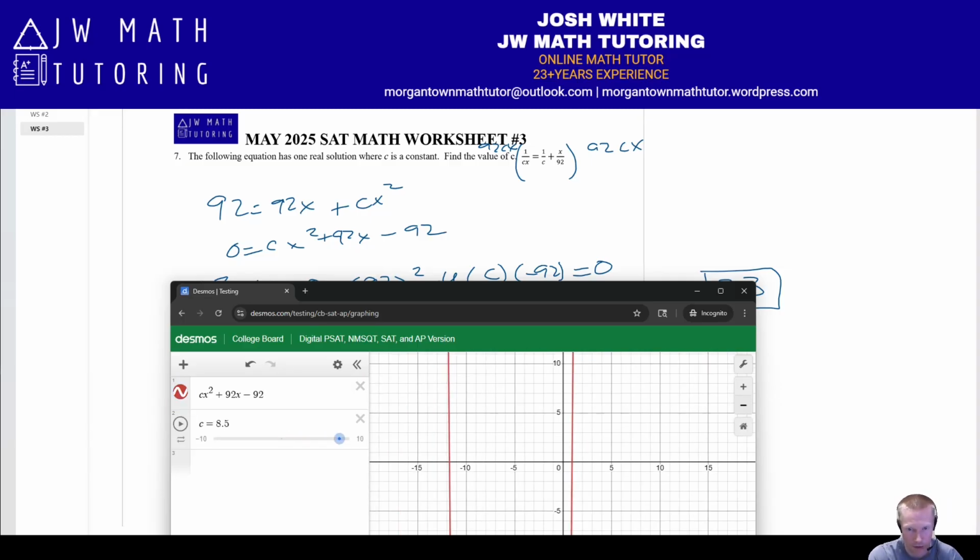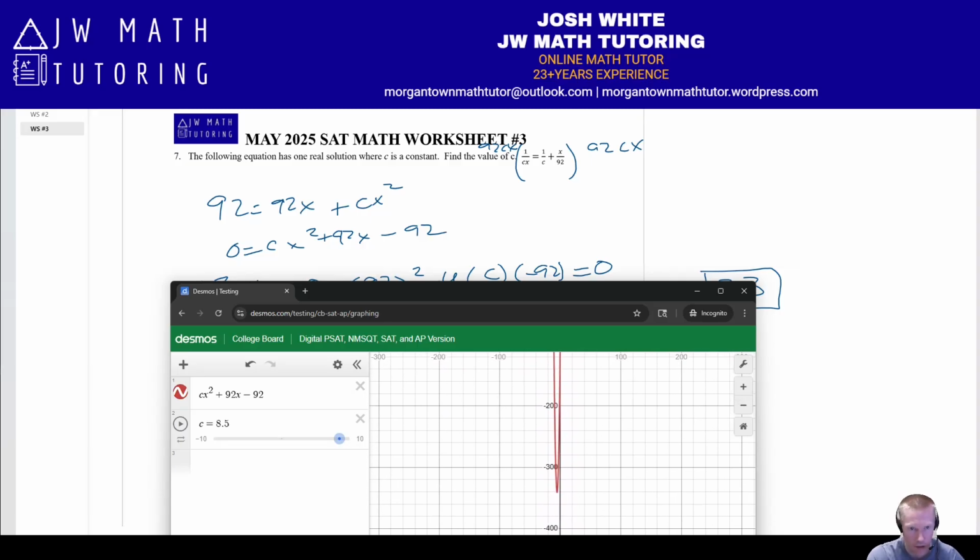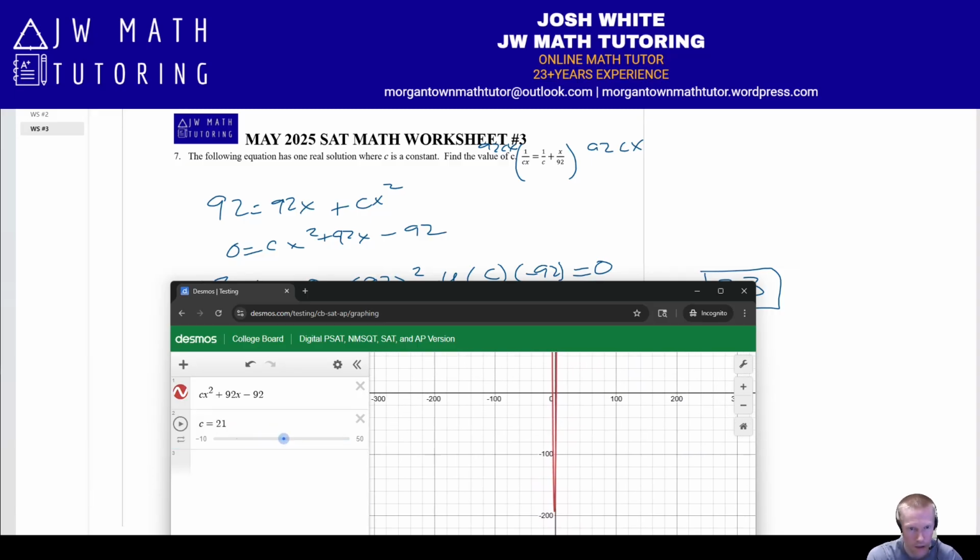The problem is, if you start going to the positives here, even if you jump it up to some very large numbers, it's never actually going to get to one real solution. So you have to basically realize that it's going to be a negative value and essentially flip it so it opens down.